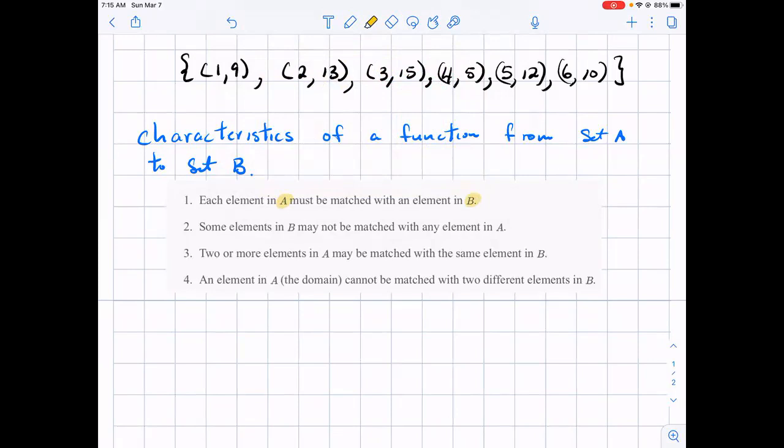Some elements in B may not be matched with any elements in A. Two or more elements in A may be matched with the same element in B. An element in A cannot, and this is very important, cannot be matched with two different elements in B. So those are some of the conditions or characteristics of a function from A to B.